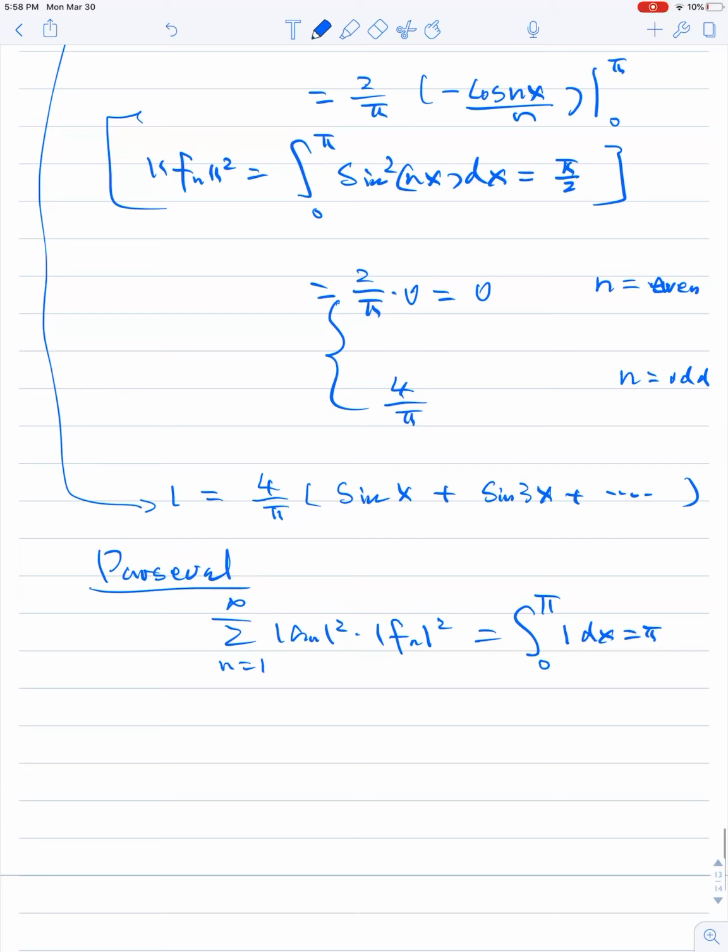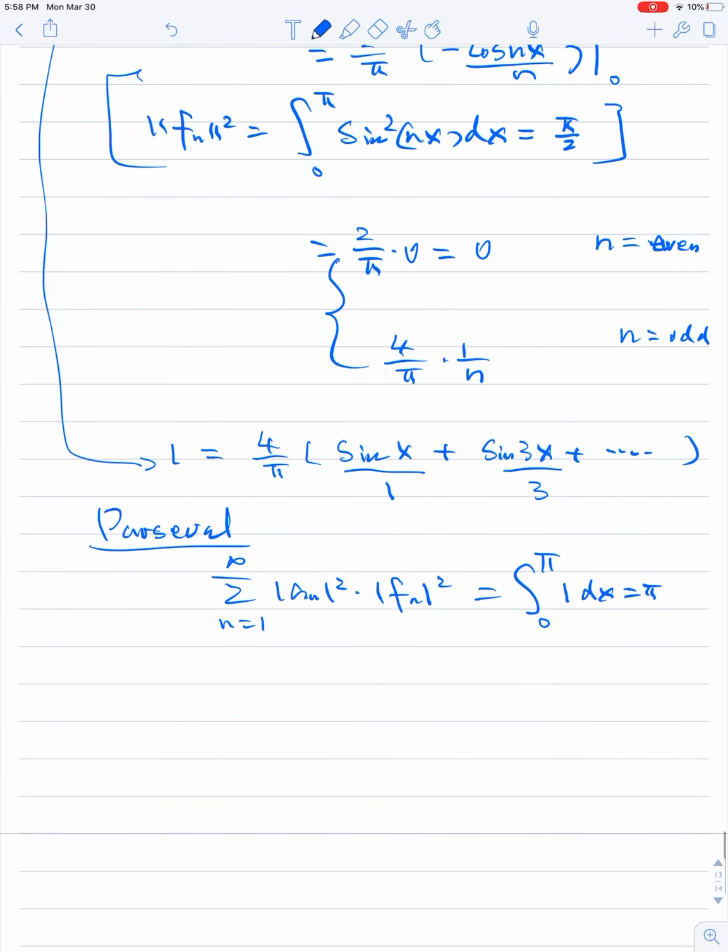These a_n's are 4 over pi times 1 over n, so this is 1, this is 1 over 3. The square of this is 16 over pi squared times 1 over 1 squared, 1 over 3 squared, and so on, and this times the norm of f_n squared, which is pi over 2, equals pi.